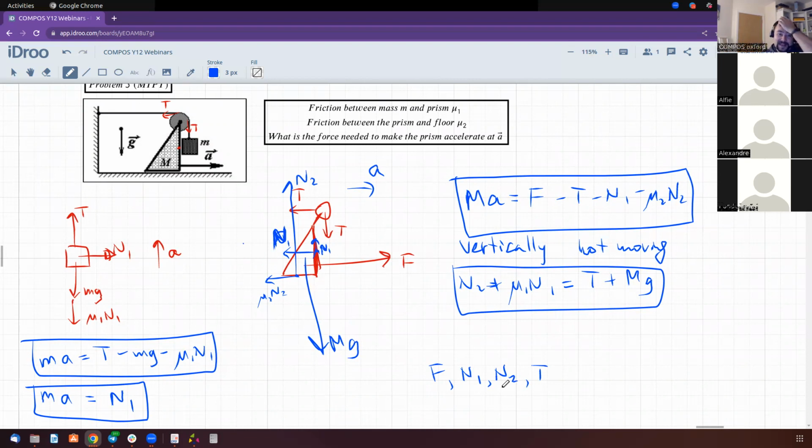I don't have to solve it to say that there is a solution, because I already see A is given. What is the force needed to make the prism accelerate at A? So A is given, and mu 1, mu 2 are given. So four equations, four unknowns, you can do it.